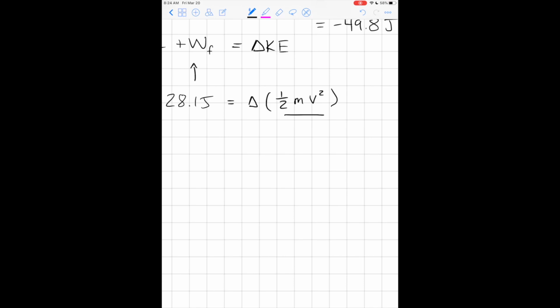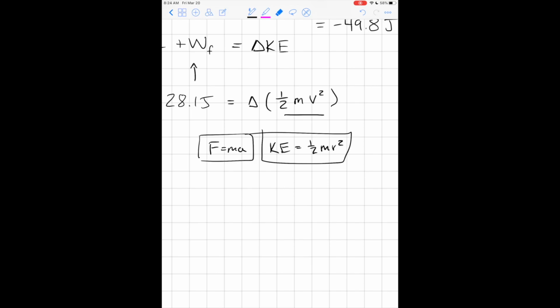You would be able to say F equals ma, and kinetic energy equals 1/2 mv squared. These 2 things are just like the bedrock of everything that we do further on. It's fundamental. So have those in your back pocket.